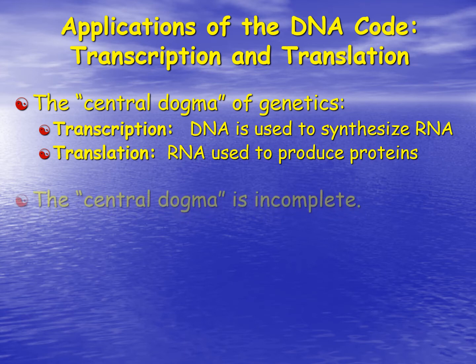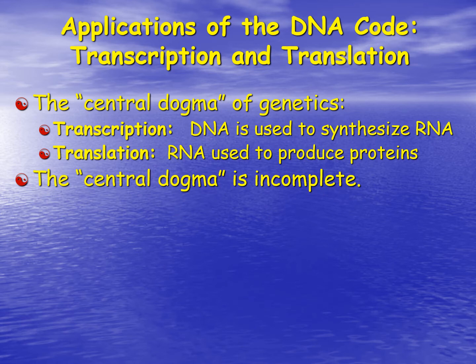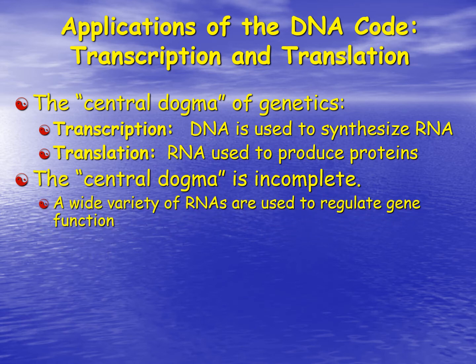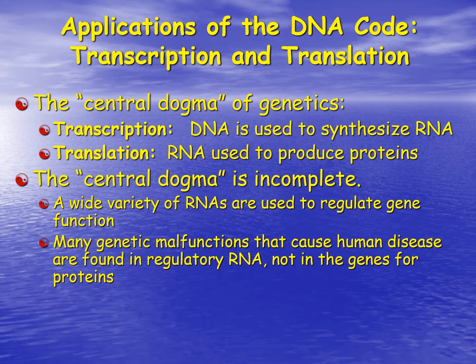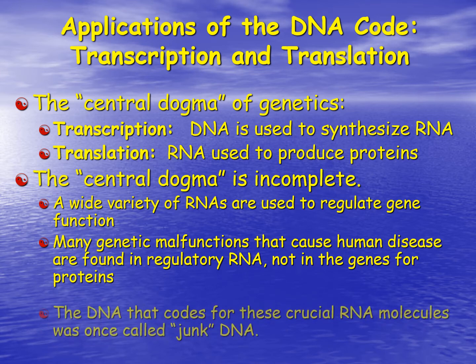But the central dogma is really incomplete. First of all, there are a wide variety of RNAs that are used to regulate gene function, and we'll mention a few of these as we go through in a few moments. There are many genetic malfunctions that could cause human disease and are found in these regulatory RNAs, but not in the genes for the proteins themselves.